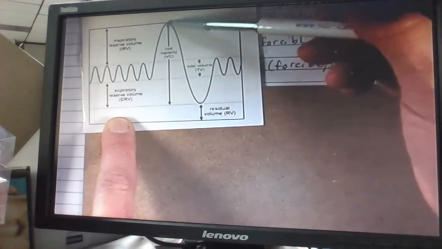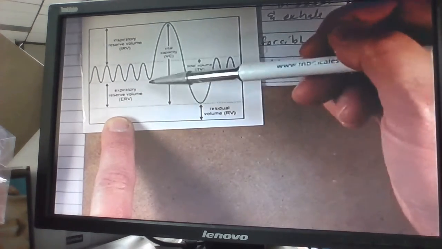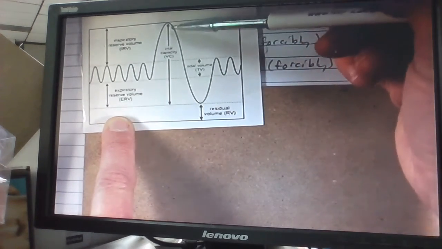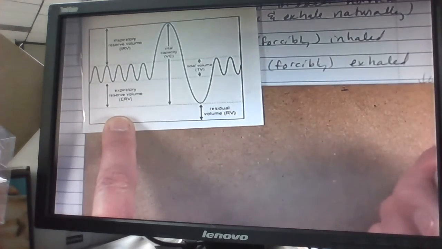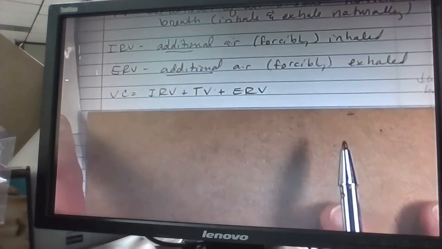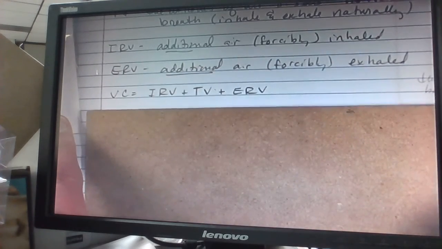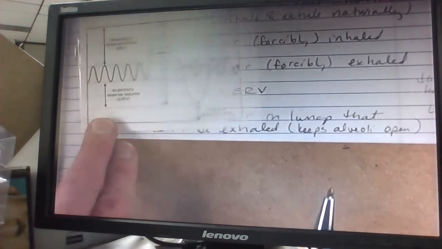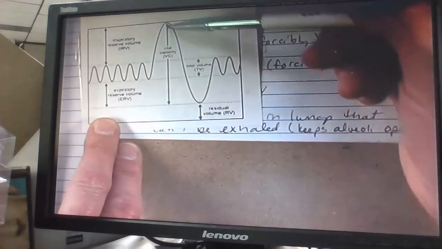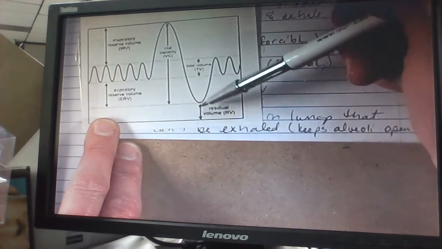So this deep inhale and exhale, it's not your normal breath. You were additionally trying to pull more in and additionally trying to get out as much as you possibly could. The vital capacity, IRV, TV, ERV. Reserve volume, vital capacity we do have on here. So your vital capacity is your deepest inhale to your deepest exhale.